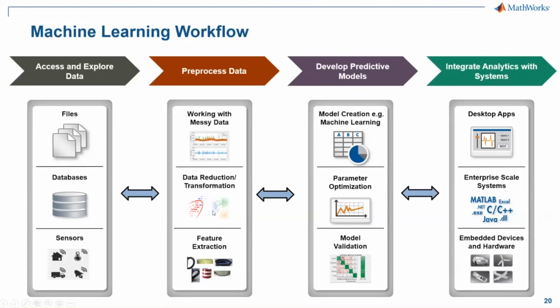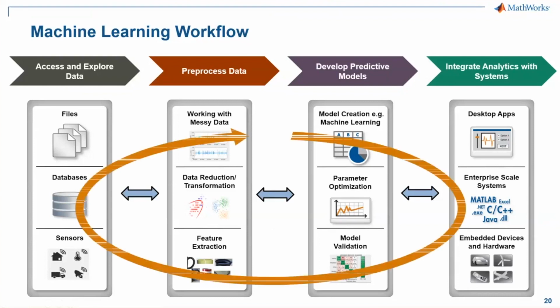So it's an iterative process, and that's the nature of it. But one thing to highlight here is that you can do all of this within MATLAB, within the same platform, and that there are a lot of tools to help you make this process easier. So we will be seeing some of these today.